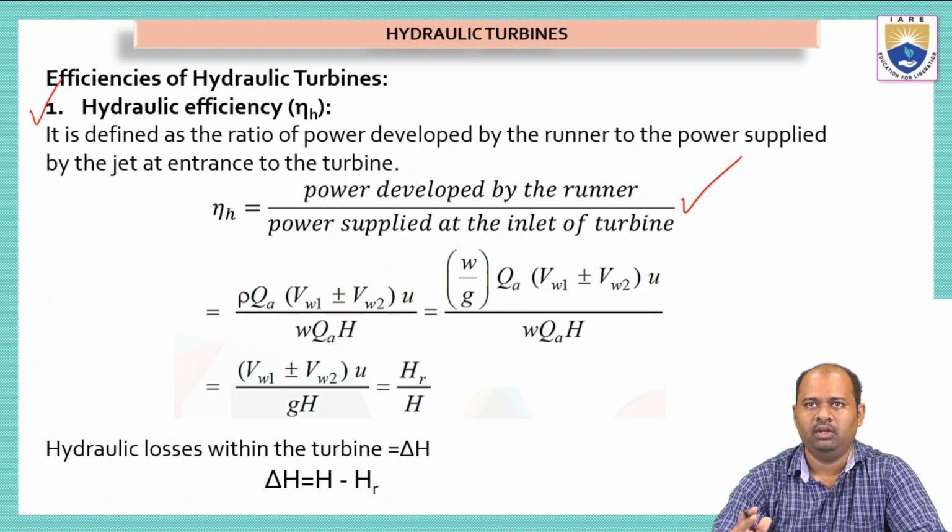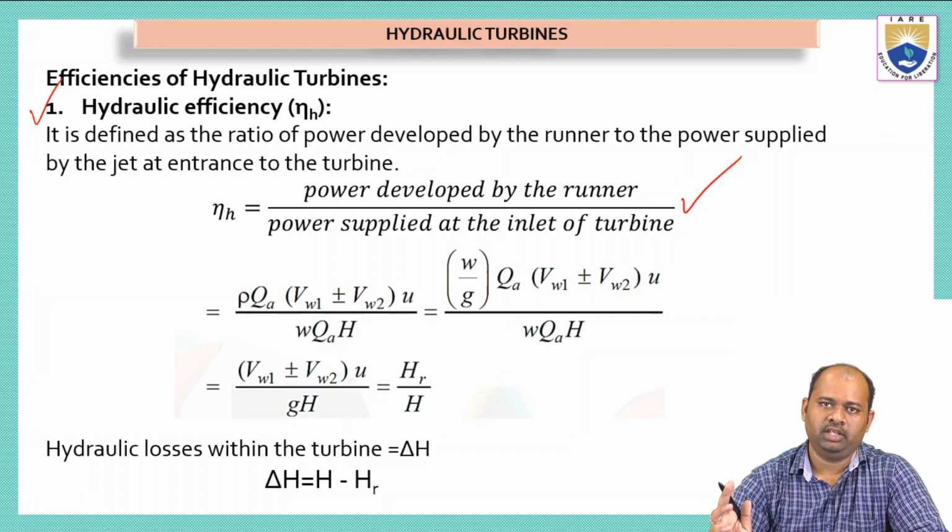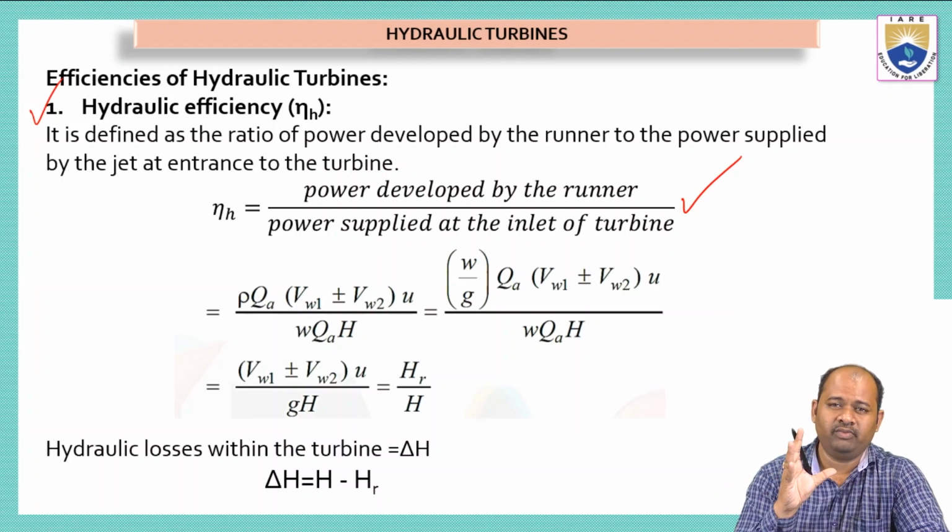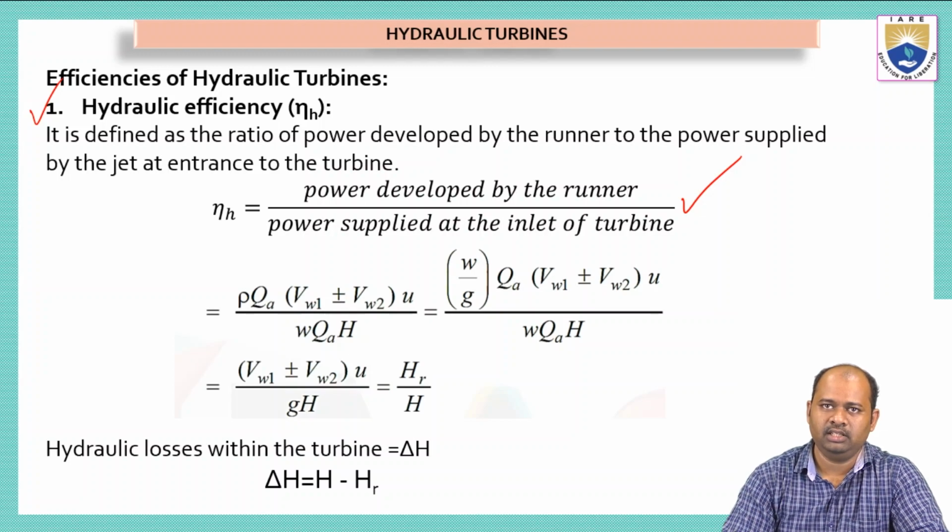So this ratio is called the hydraulic efficiency. There are two powers considered here: the power developed by the runner, that is runner power, divided by the power supplied at the inlet of the turbine.